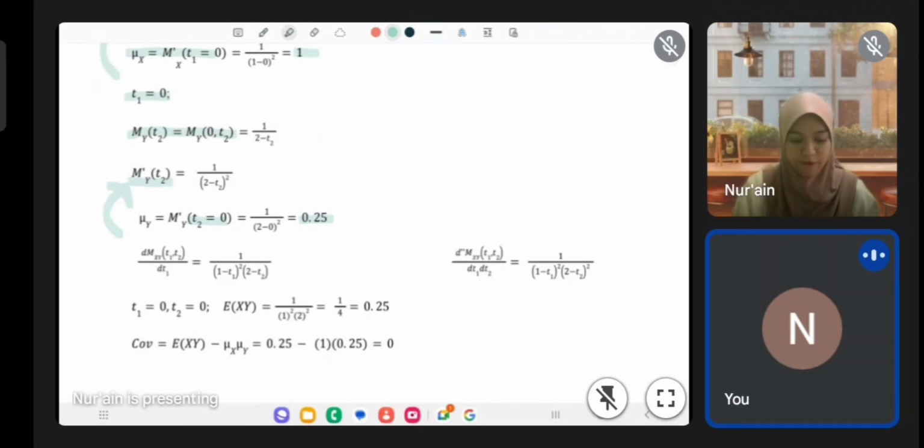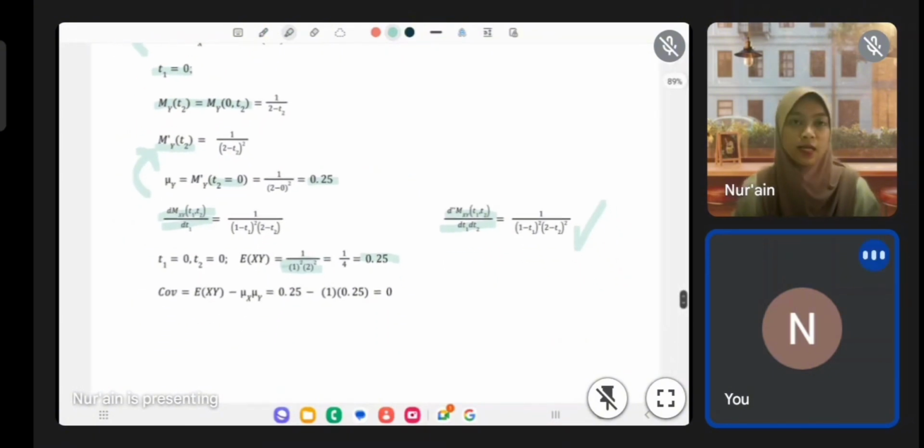First, we differentiate with respect to t1 and differentiate a second time with respect to t2, and we substitute t1 equal to 0 and t2 equal to 0 into this equation. We get this equal to 0.25.